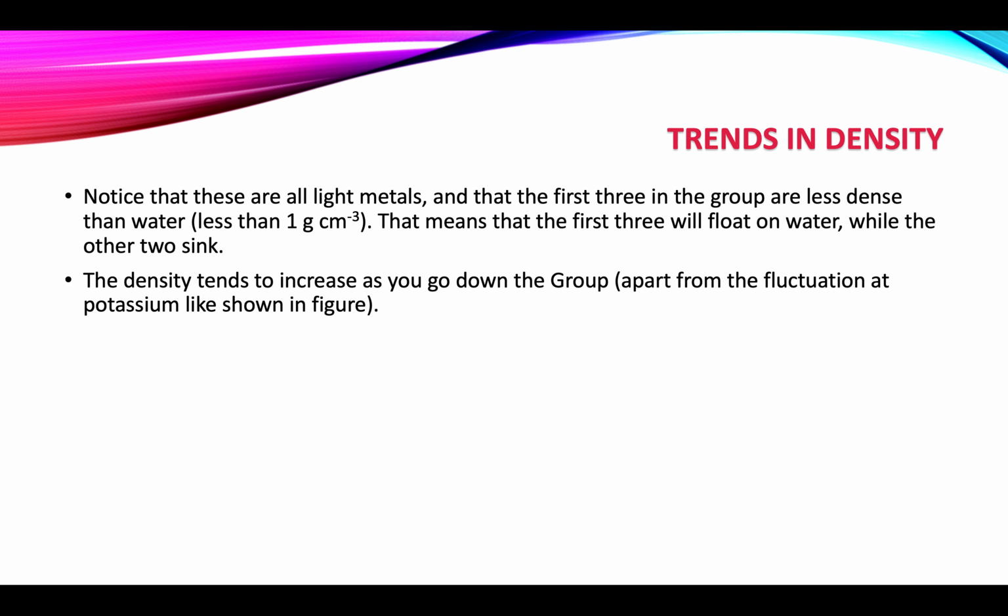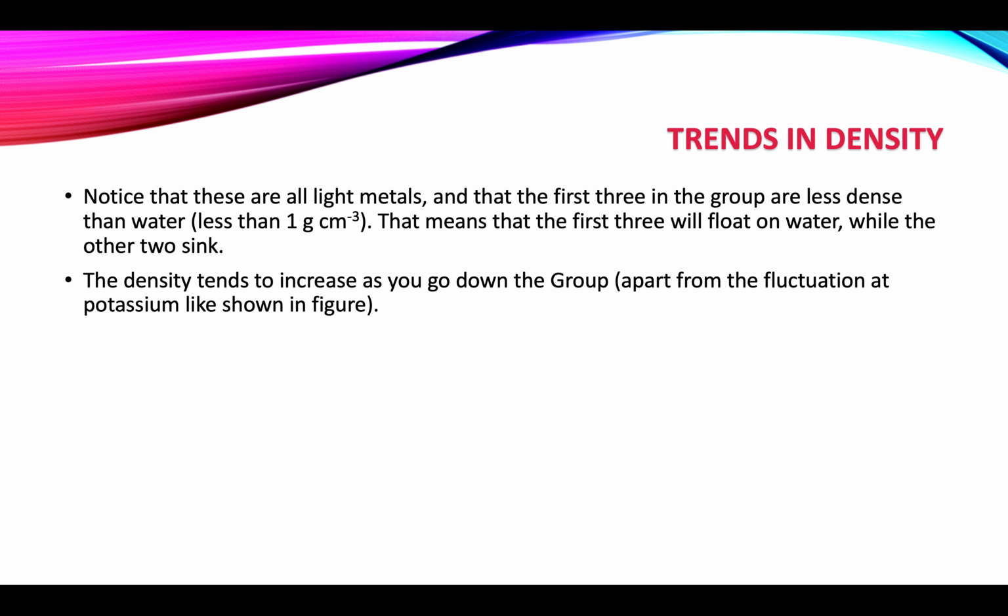So when mass increases, the density should increase. And if we consider the volume factor, the density should decrease, because as we move down the group, the volume is increasing. So we will consider only one factor, that is mass, which is the more dominating factor.